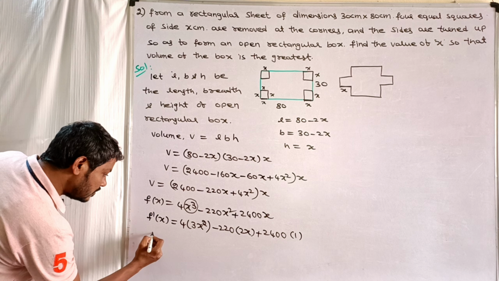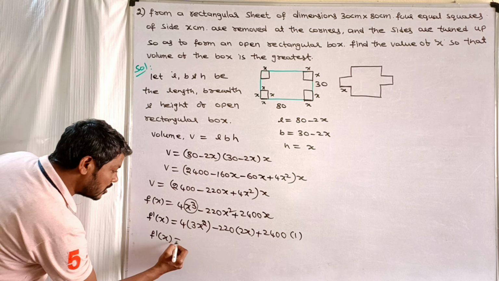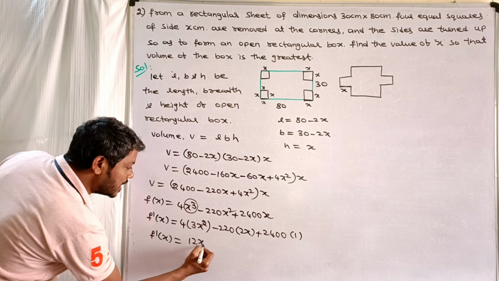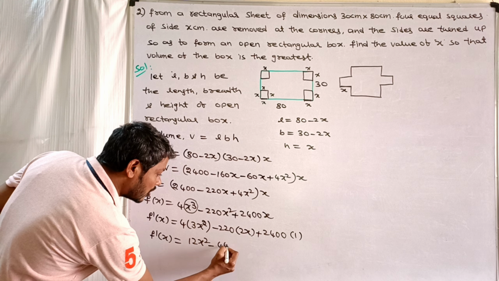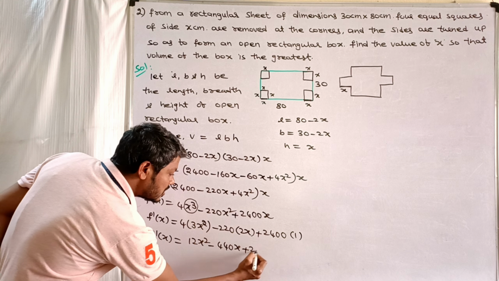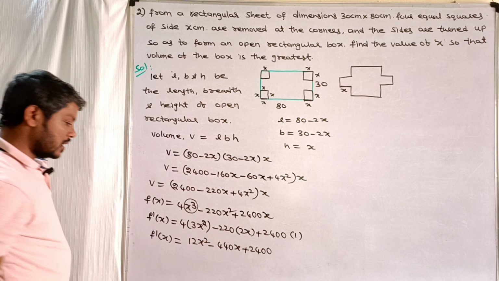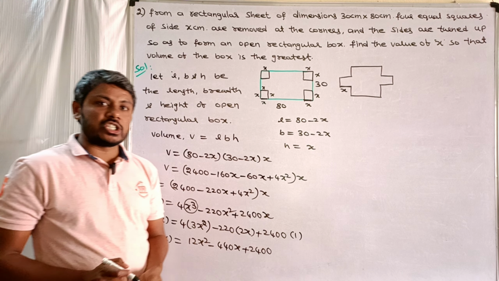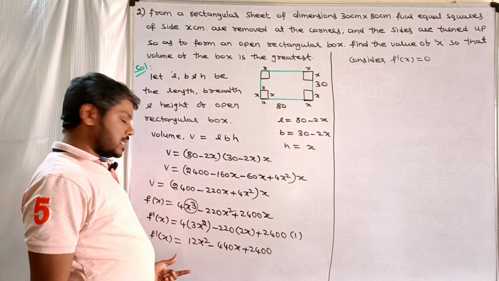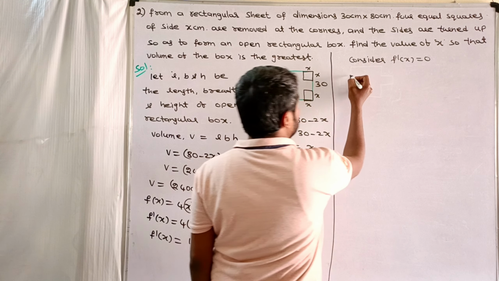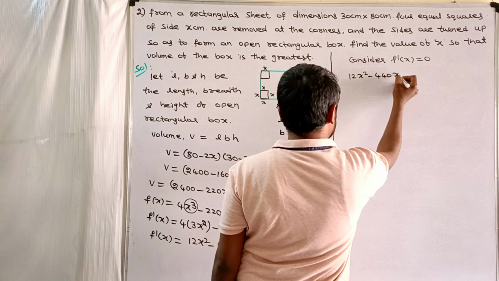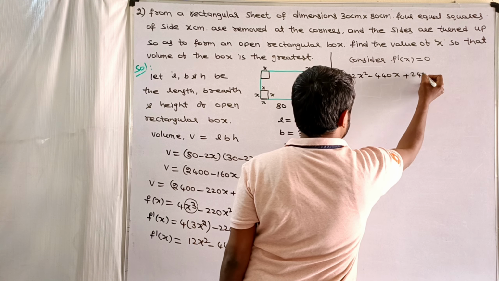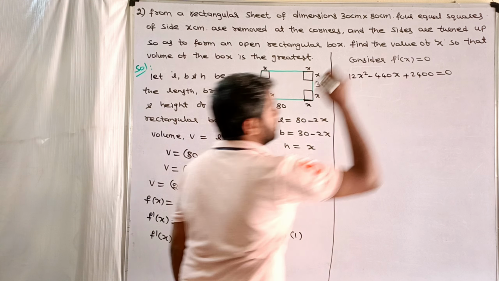Now f dash of x is equal to 4 into 3 x square minus 220 into 2x, minus 440x plus 2400. So consider the first derivative of the function to be 0: 12x square minus 440x plus 2400 is equal to 0.